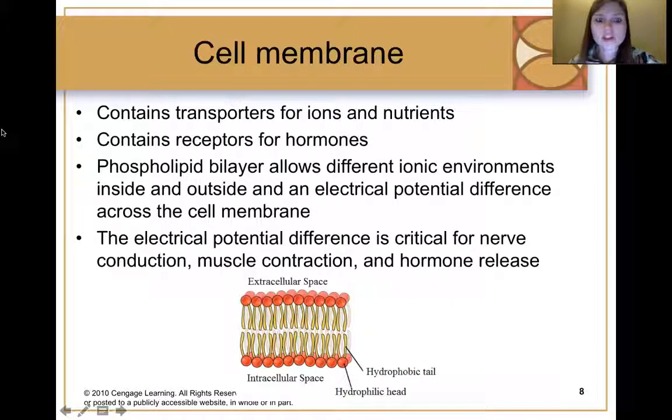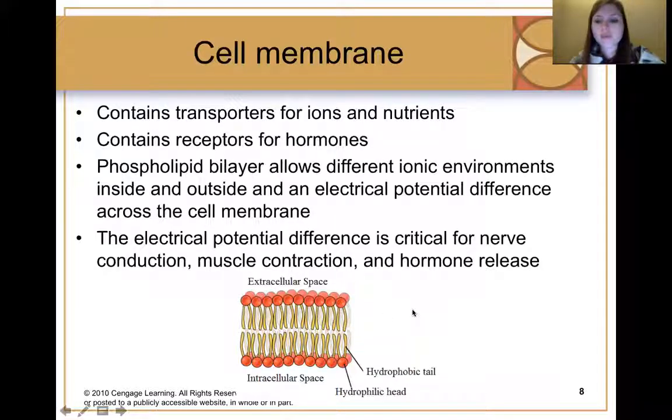Surrounding the entire cell is the cell membrane. The cell membrane is a phospholipid bilayer. Before we talk about what it does exactly, let me explain a little about the structure. In this picture at the bottom, you can see these are phospholipids. They divide the extracellular space from the intracellular space.